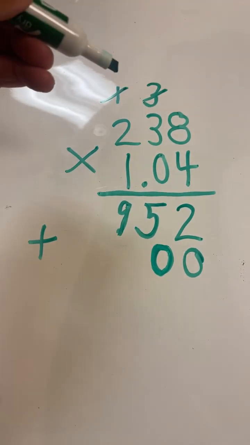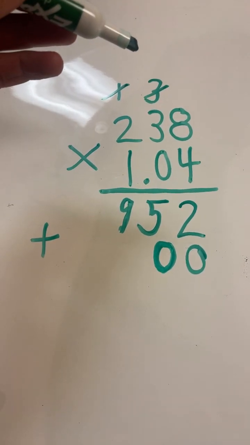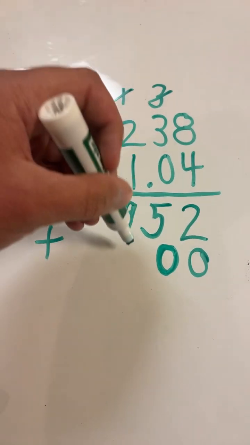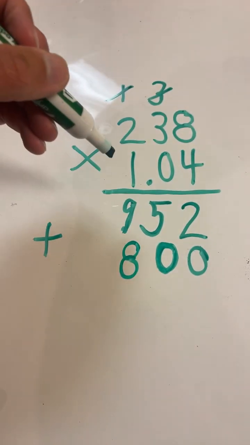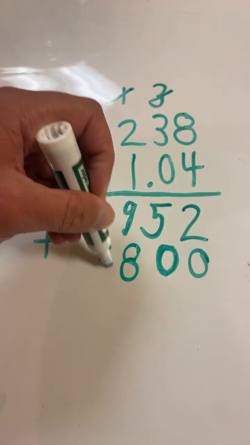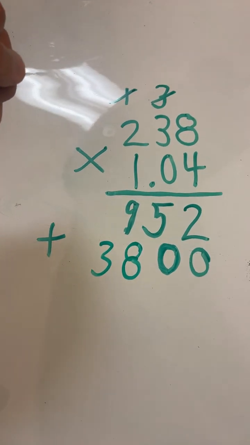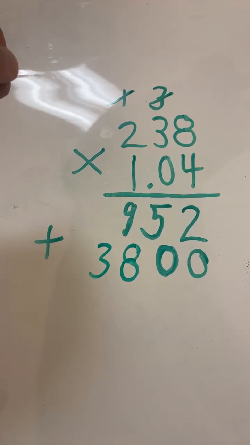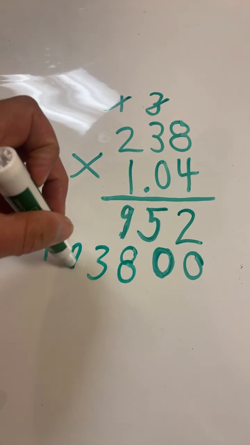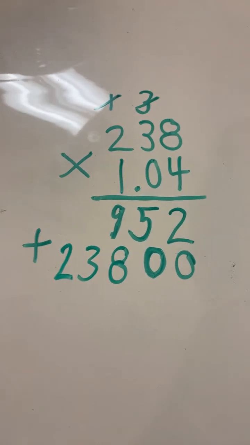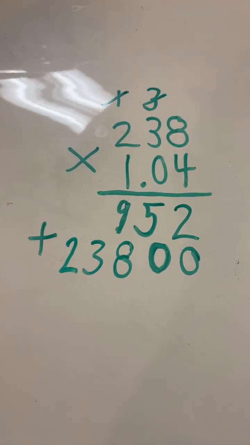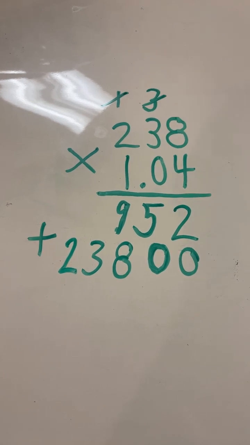So 0 for ones place, 0 for tens place. So 8 times 1 equals 8. 3 times 1 equals 3. 2 times 1 equals 2. Now, I think all of you know the rule. Anything multiplied by 1 is always going to be the number itself.